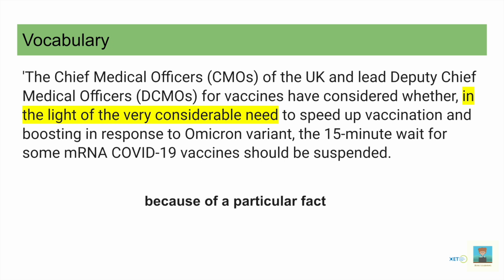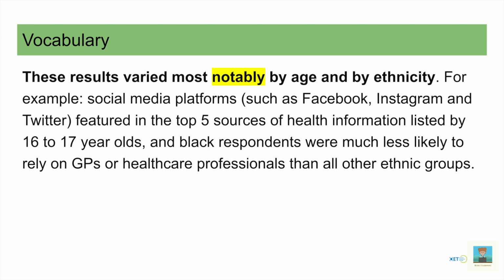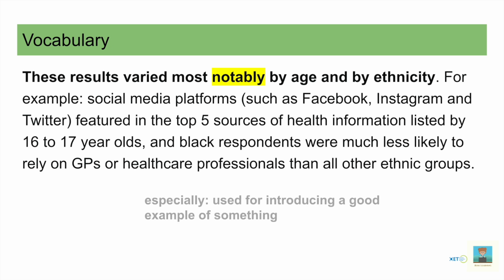In light of, in the light of, because of. And last one for you, notably, what does that mean? Most notably by age and ethnicity. It means especially. So, and we often use it for introducing an idea. So the results were especially different when we look at the categories of age and ethnicity.